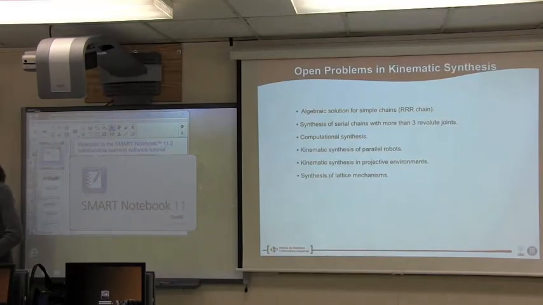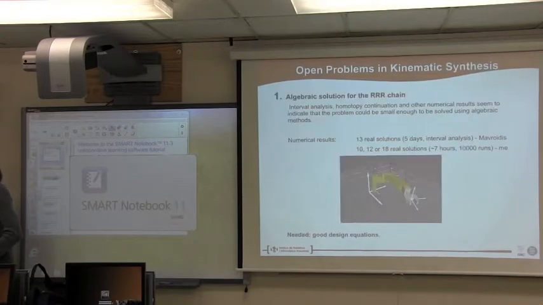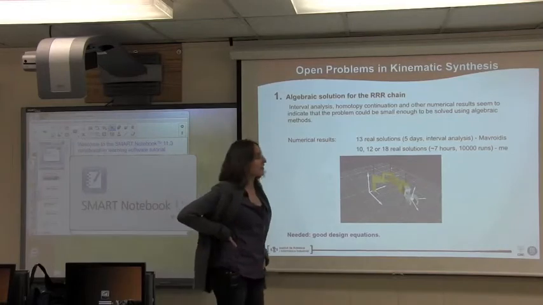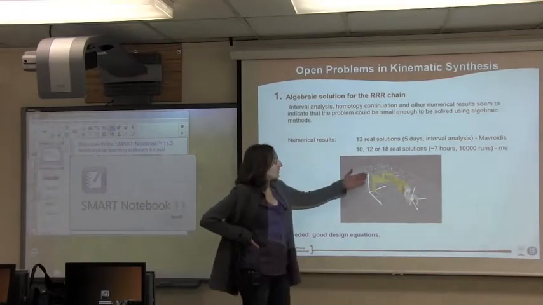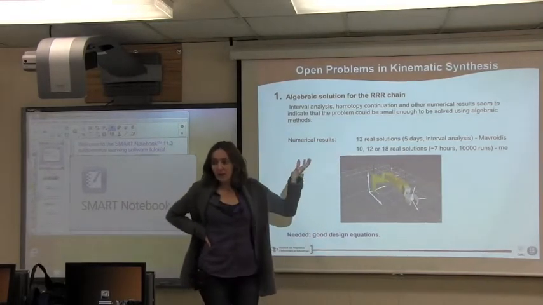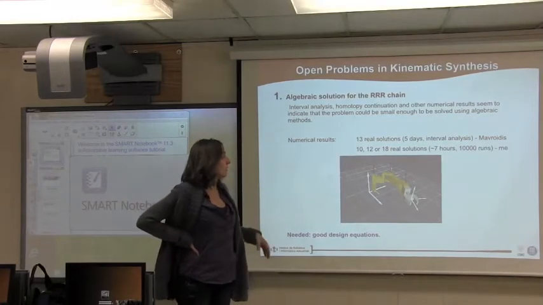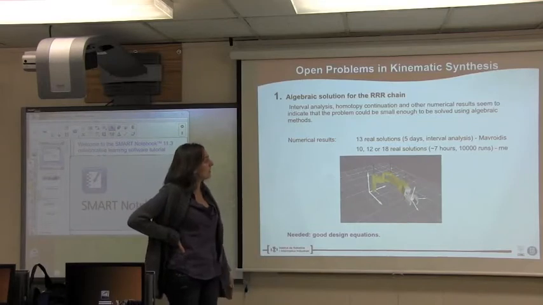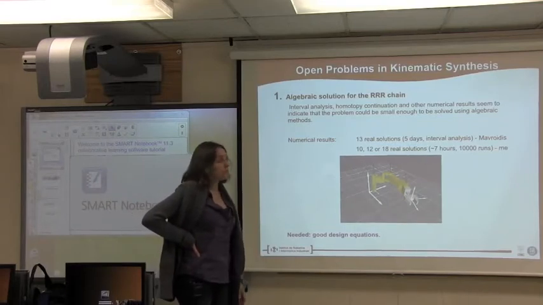And then I talk about the open problems in kinematic synthesis, and most of them we are still working on. And the first one is the one that now Ali is taking care of. So it's really just a 3R robot. How many different 3R robots can we make to go through 5 positions? It's just a simple mathematical question, and it's not solved yet.